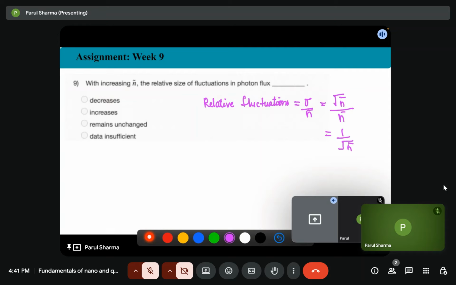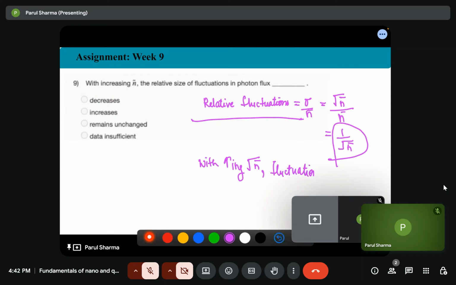It is asking us, with increasing n bar, with increasing mean value, the relative size of fluctuation will decrease. So the fluctuation will decrease.